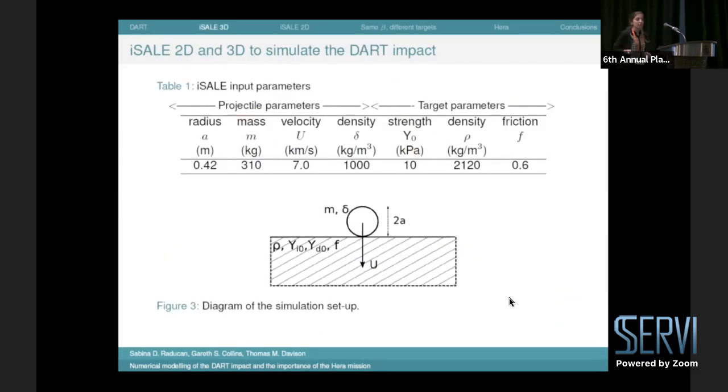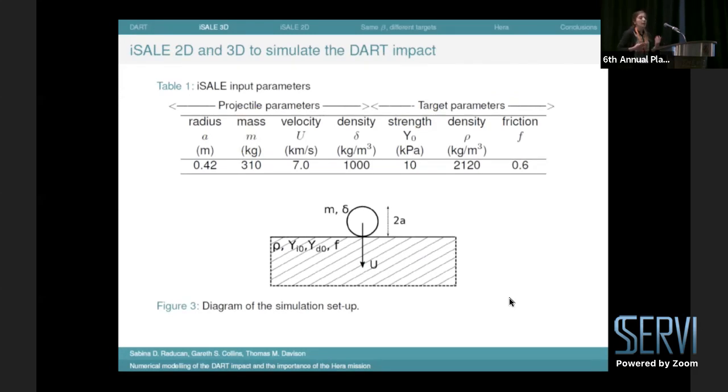So we use the ICL shock physics code to model the Dart impact in 2D and 3D, to try to determine this beta factor. For all the simulations I'm going to talk about today, we use the same impactor parameters: a 300 kilogram aluminum sphere impacting a basalt target at 7 kilometers a second.